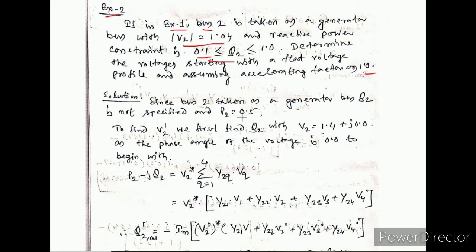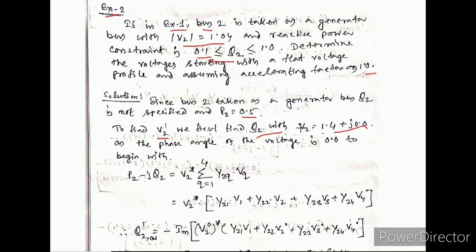So as P is given 0.5 and Q is not mentioned, we need to find out Q, and this bus is a PV bus, and the voltage is given, that is 1.04 plus j 0.0, that will be the V2 value. Now to find out V2 to the power 1, we first find Q2 with V2 equal to 1.04 plus j 0.0.